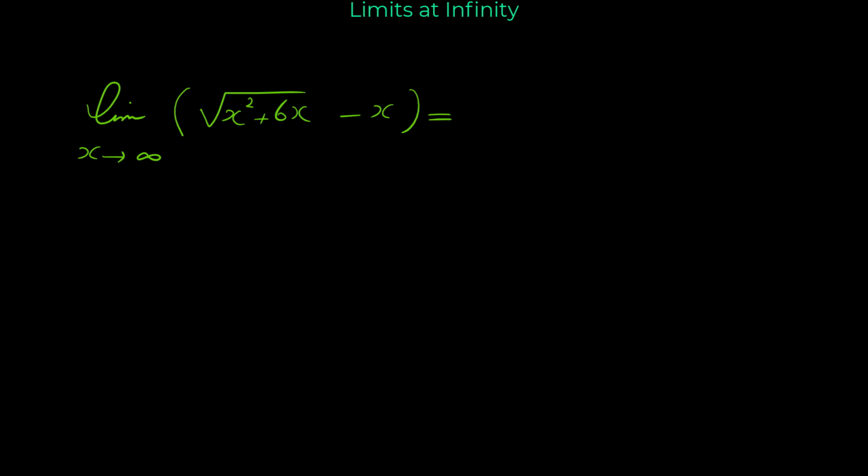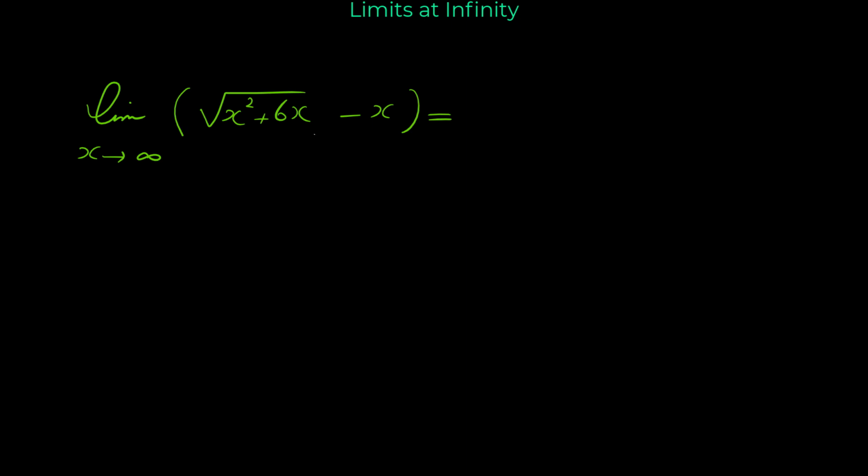For finding this limit, based on the format of the expression inside the bracket, maybe you can guess that you have to multiply this expression by its conjugate. And where does this idea come from? Because if you remember, in limits, when we have radicals, usually we do this.